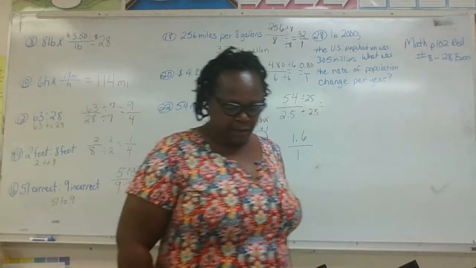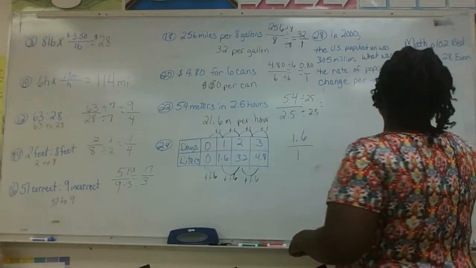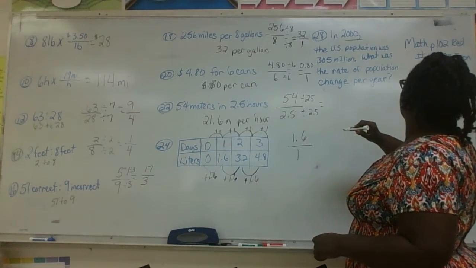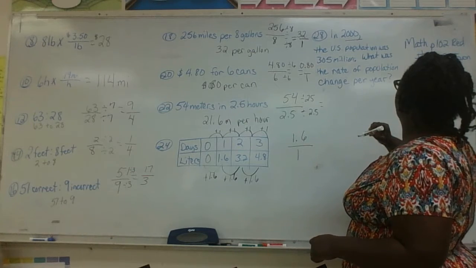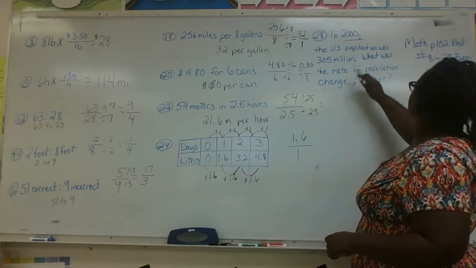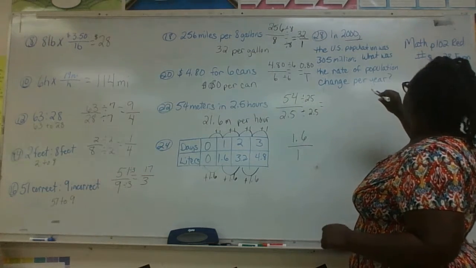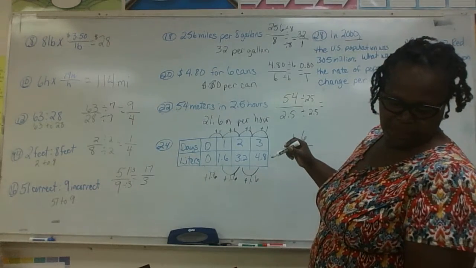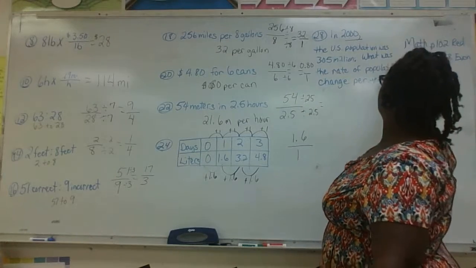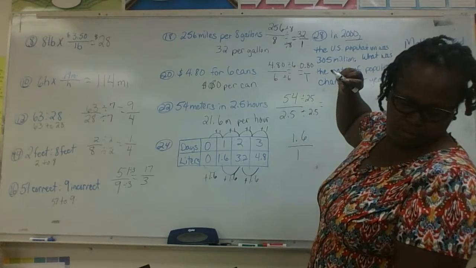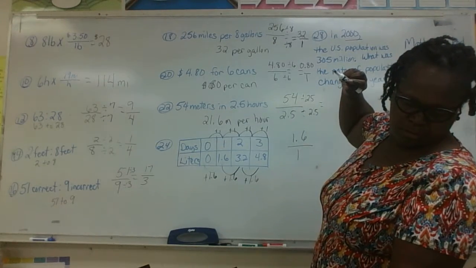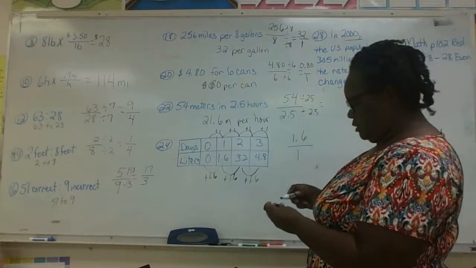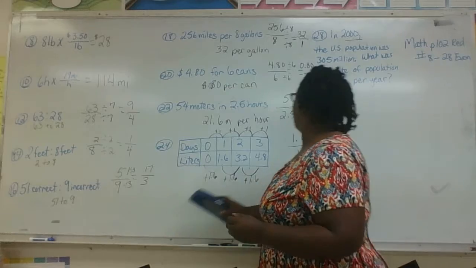So let's take a look at it. We go from 2000 to 2008. All right, let me write it completely up here. Okay, my whole problem is not here. So let me get my whole problem here, first of all.